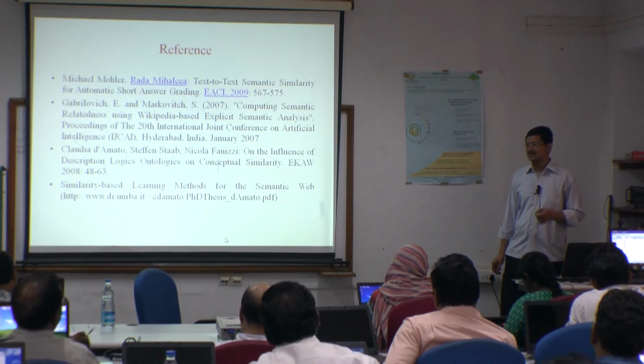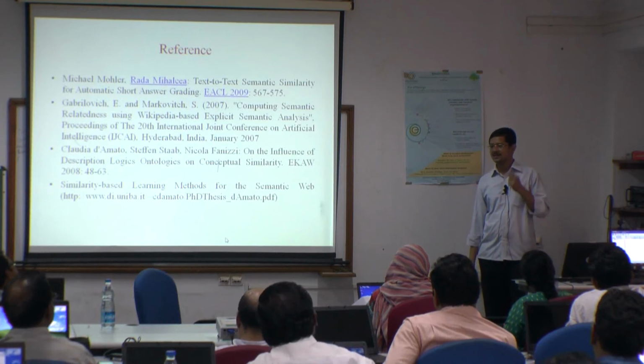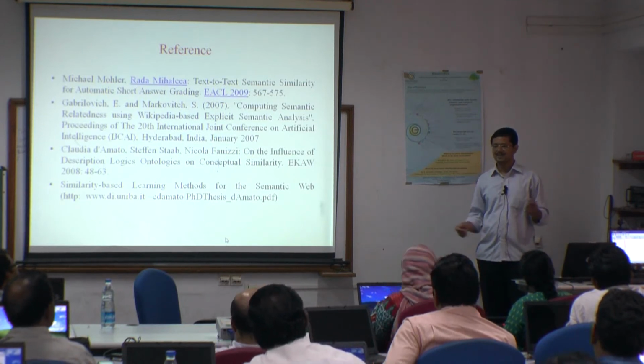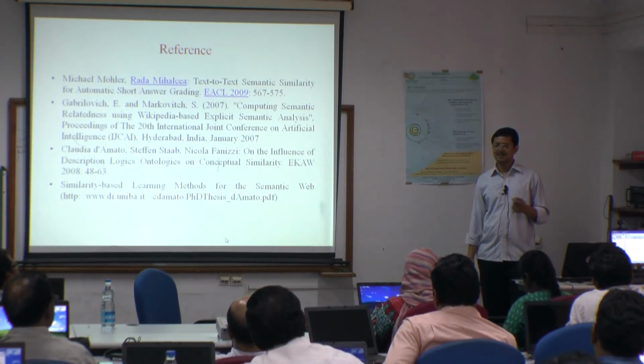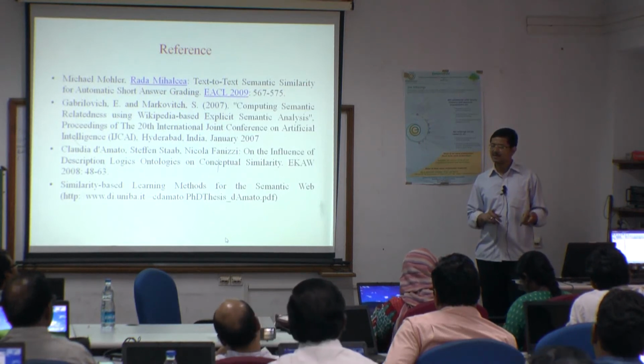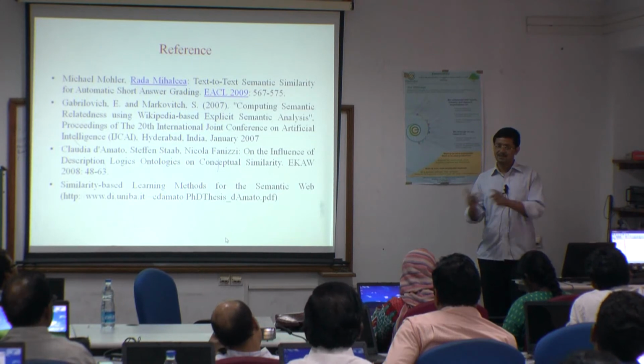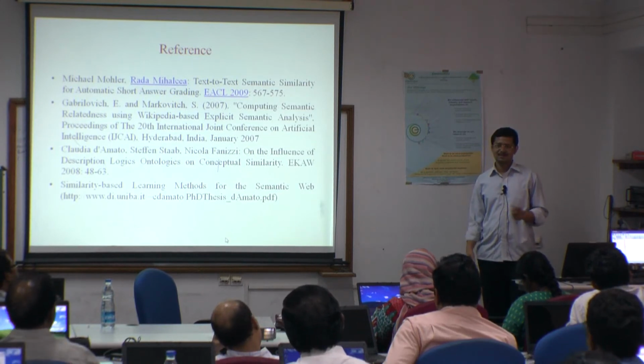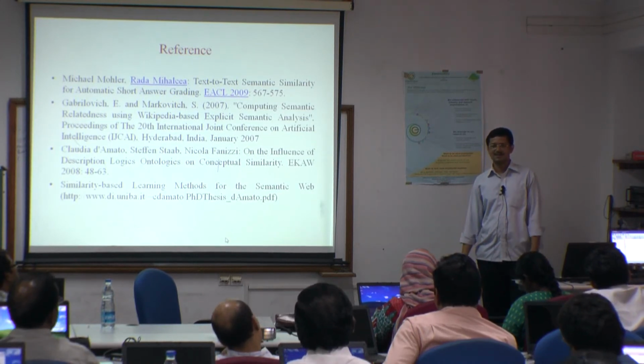Another research area: Wikipedia is very rich in English, but not rich in Telugu or other Indian languages. How can you use Wikipedia based semantic similarity on English documents for other languages? This is also an open research area.